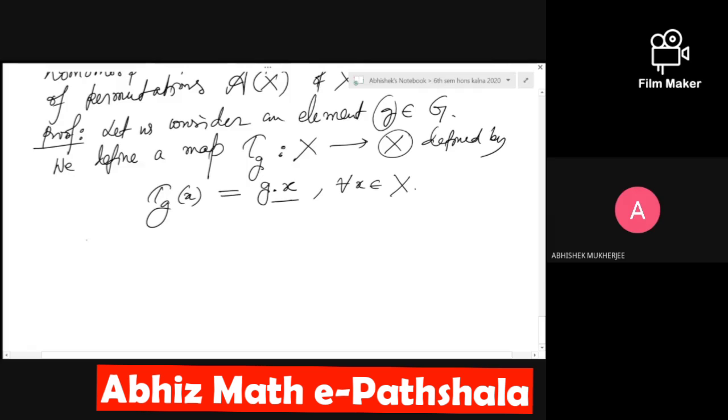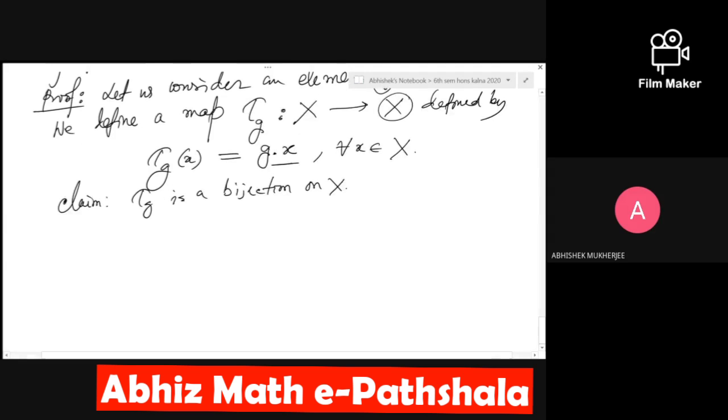The claim is that tau g is a bijection on X. This is a very easy check. To show that tau g is a bijection, let us consider two elements x1, x2 from the set X, and suppose that tau g x1 equals tau g x2. So we have to show that tau g is one-one.